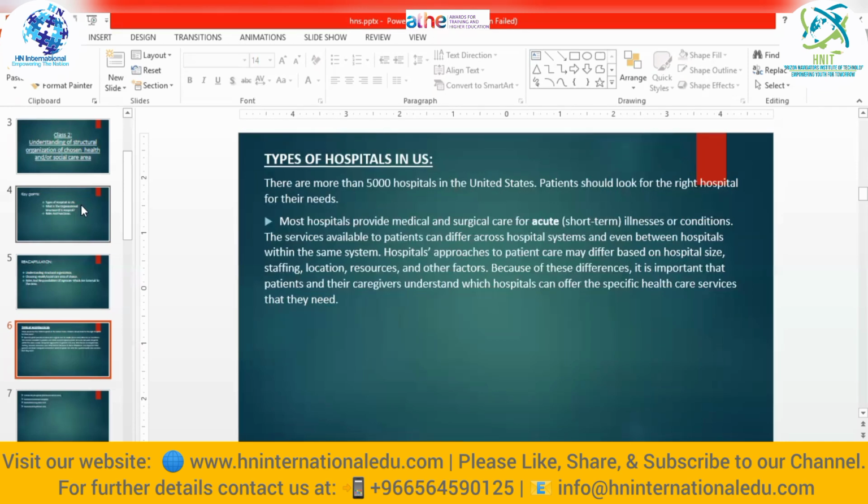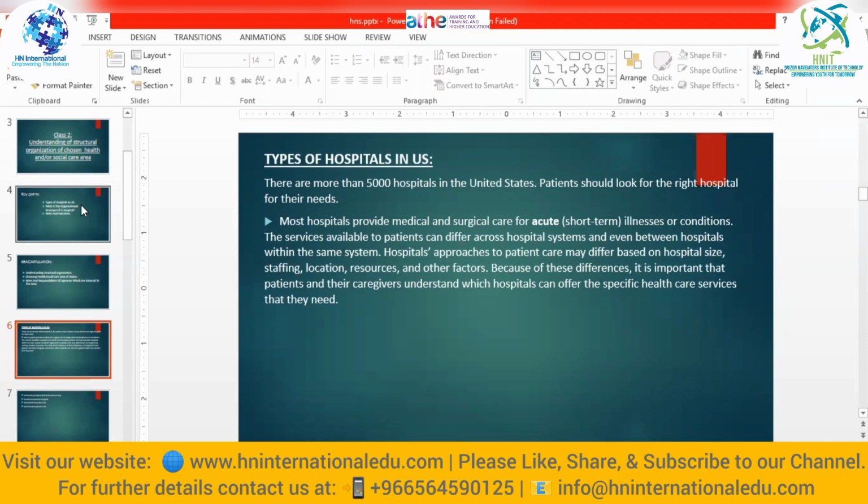Hospitals' approaches to the patient's care may differ based on the hospital size, staffing, location, resources, and other factors. Because of these differences, it is important that patients and their caregivers understand which hospitals can offer the specific healthcare services that they need.